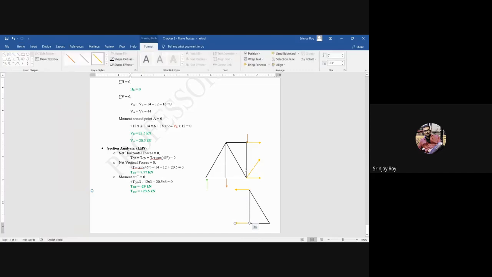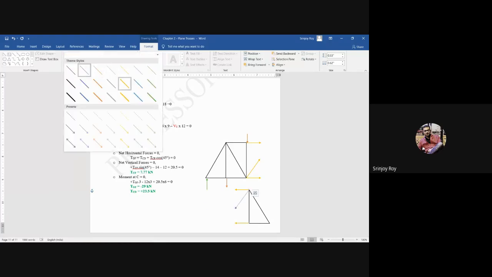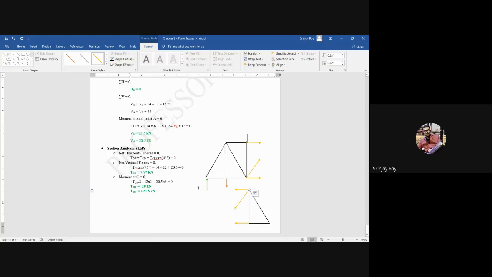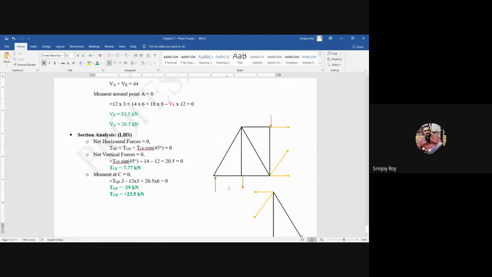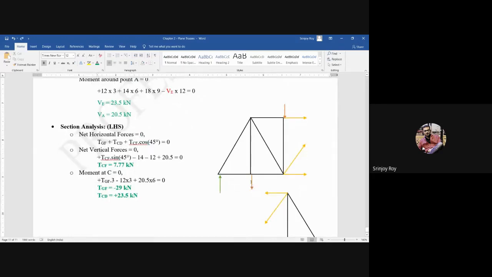And what about the other one? Want it like this? Yes or no? One will be over here. And there is one other force also. Why do these not come into your hands?